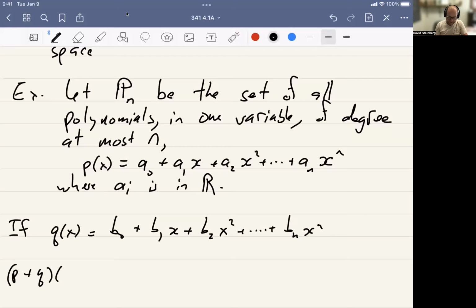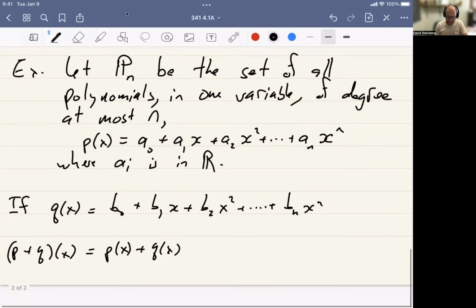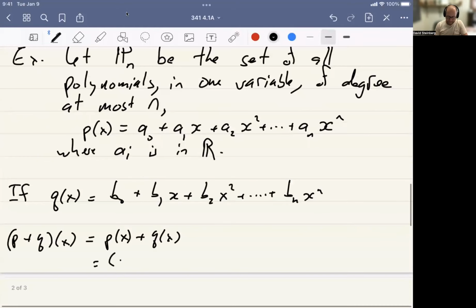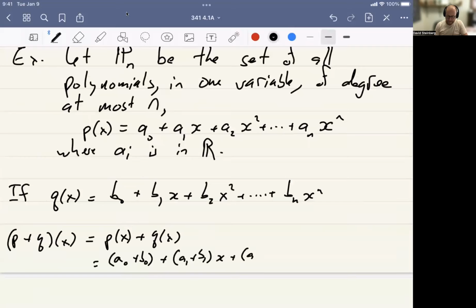p plus q of x should just be the polynomial you get by adding p of x and q of x. So it'll be a0 plus b0, a1 plus b1 x, a2 plus b2 x squared, up to an plus bn x to the n.